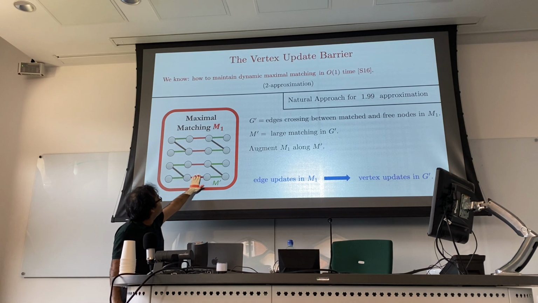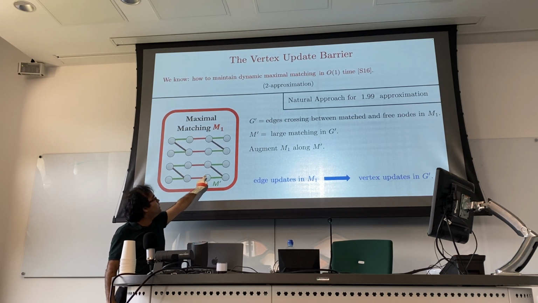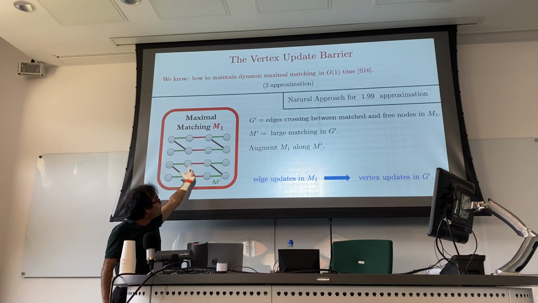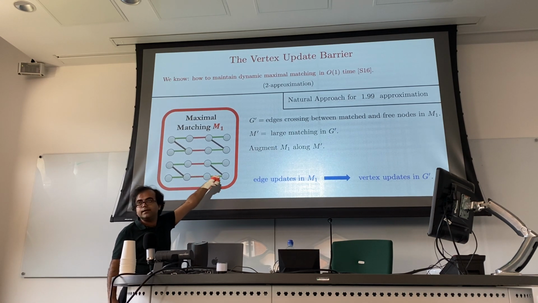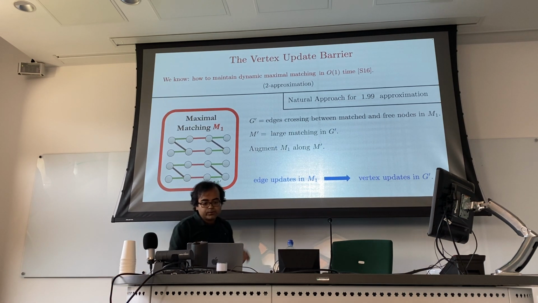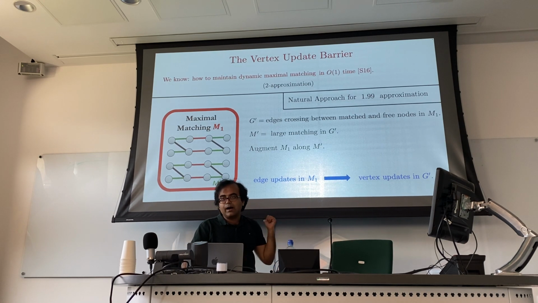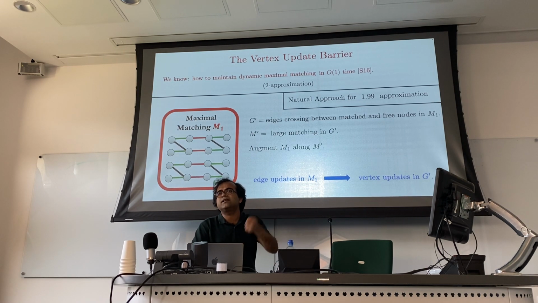Because if you say delete this matched edge, this node is now becoming free and it will lose out on lots of existing edges in G prime. And so far, we never knew how to maintain a large matching under vertex updates, because vertex updates are way more challenging than edge updates, because with one vertex update you can potentially insert n edges into your graph.